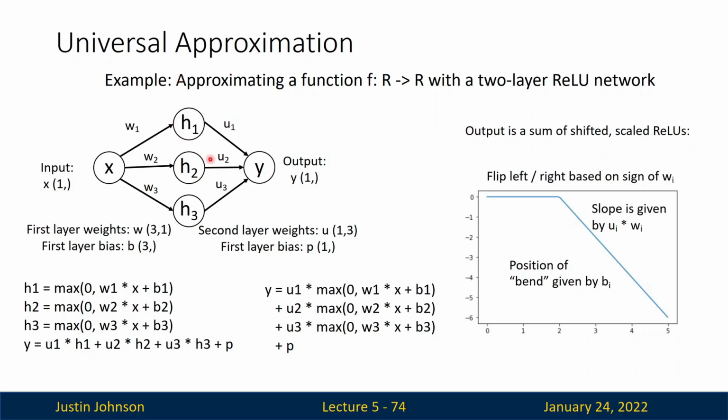Okay. Let's just use a one-dimensional function as an example. Suppose we have a neural network in this architecture. Given the input, we have 3 weight values, and of course there will be 3 bias values. And we use the 3 pairs of weight and bias to create 3 hidden nodes, H1, H2, H3 here.